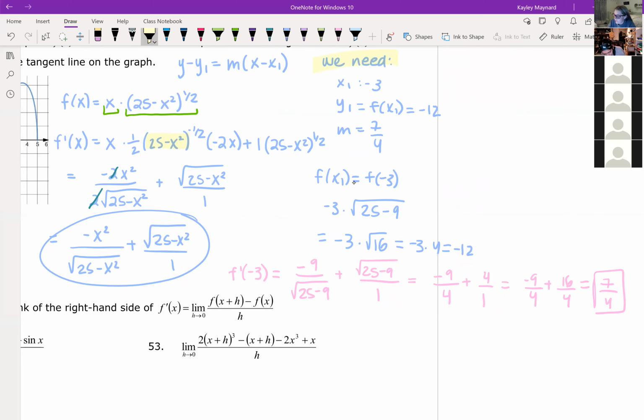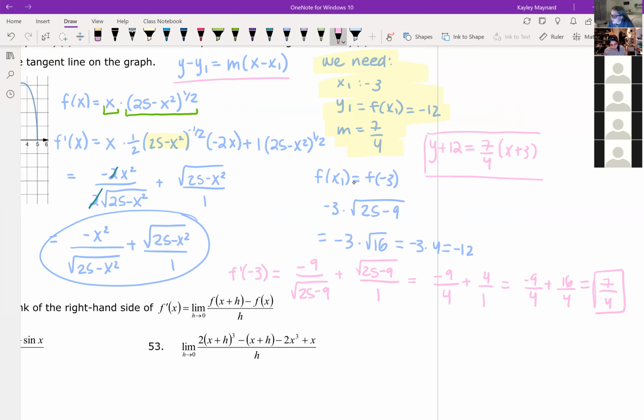So we have everything that we need now, but don't forget the last step. You wanted to get the equation of the tangent line. So now we just plug in what we have to this y minus y1 thing here. So our final answer is y plus 12 equals 7 over 4 times x plus 3.